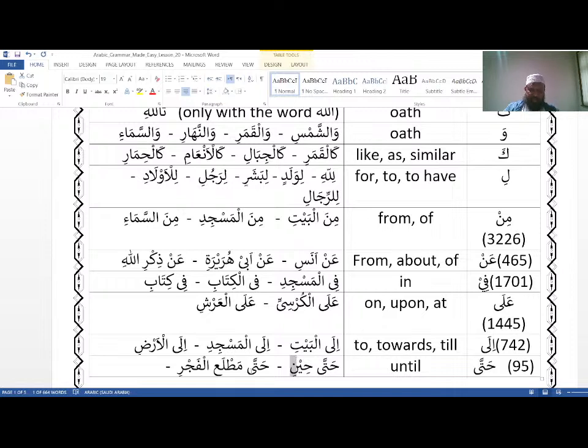If you take حَتَّى away, مَطْلَعُ, this ism doesn't have alif lam, but this ism has alif lam and is in halatul jar. Why? This must be mudaf ilayh, and matla is mudaf. So matla'ul fajri, the dawn. When hatta comes, it puts the matla in halatul jar. So matla'il fajri, until dawn.